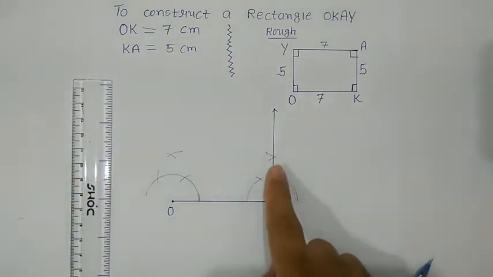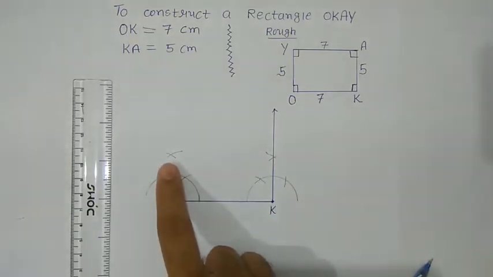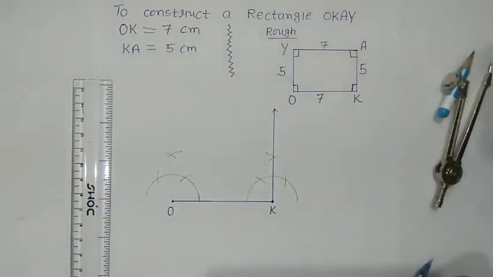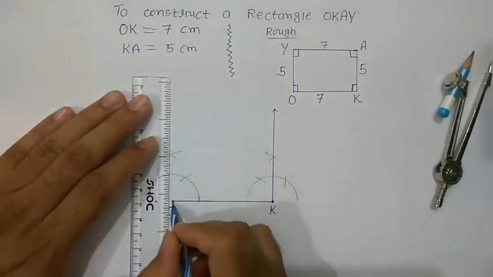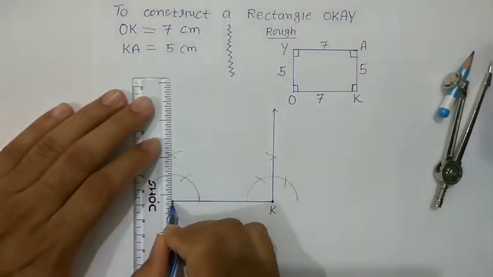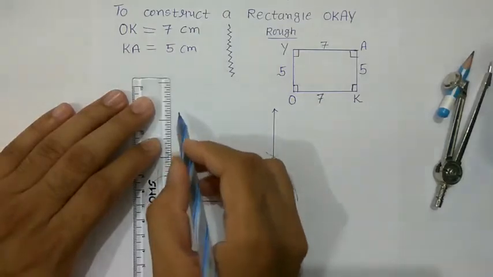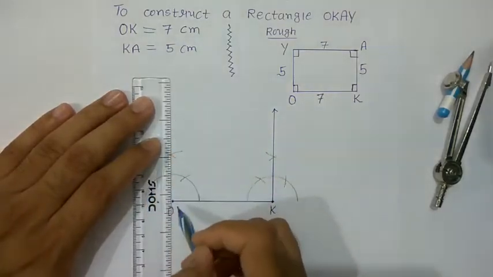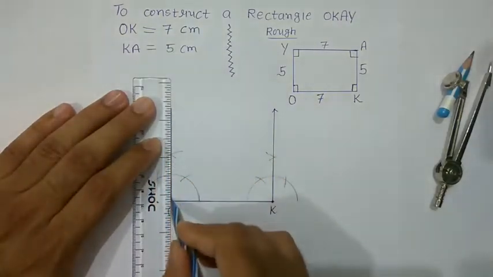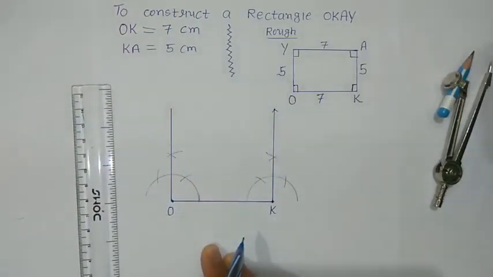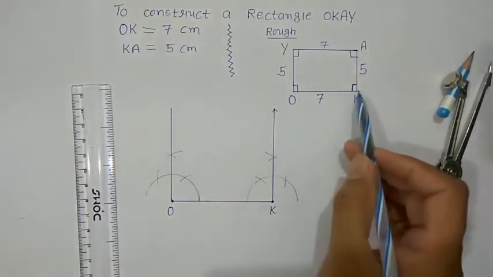So here also we get one another point. Now join these 2 points, O and this point. By joining we will get one more line, and here also this angle becomes 90 degree. Now both the angles we have constructed.